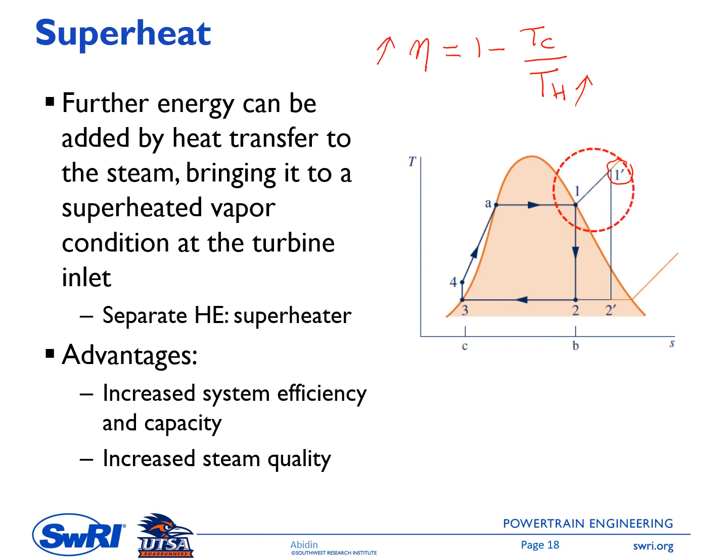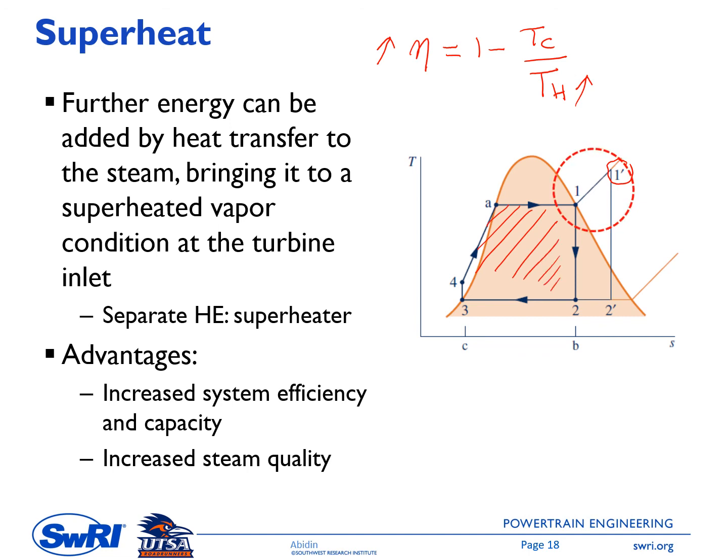The second benefit that we get by having a superheater is the increase of capacity. Before we have a superheater, the net power produced by the Rankine cycle is the area surrounded by the process line 1, 2, 3, 4A and back again to 1. This is the area that represents the net power.